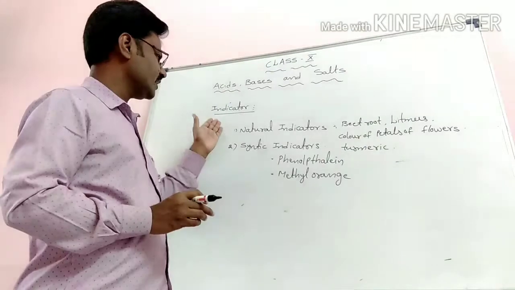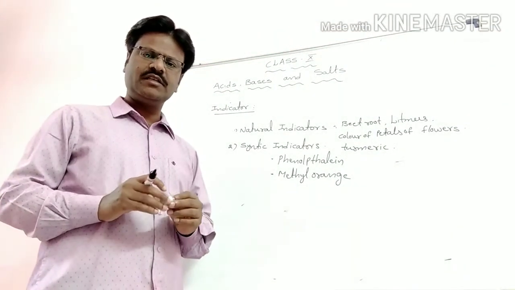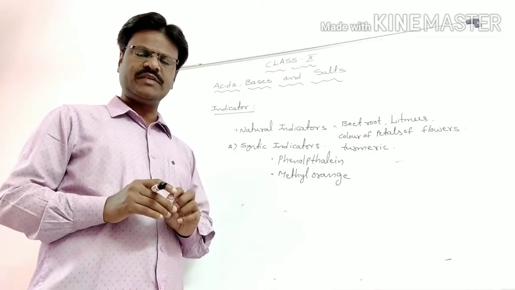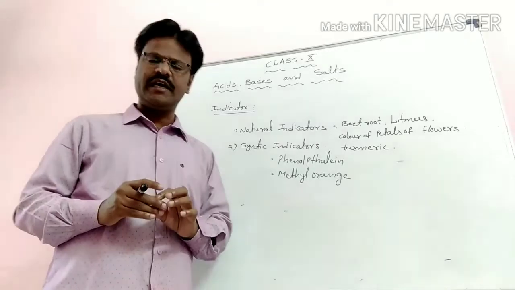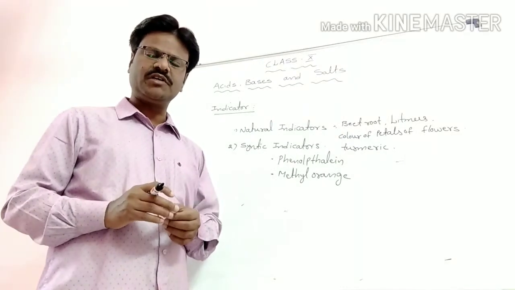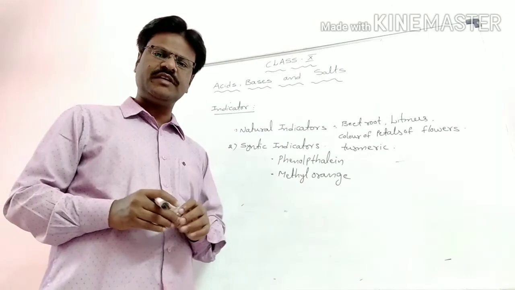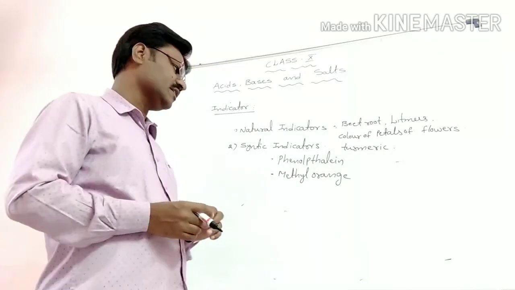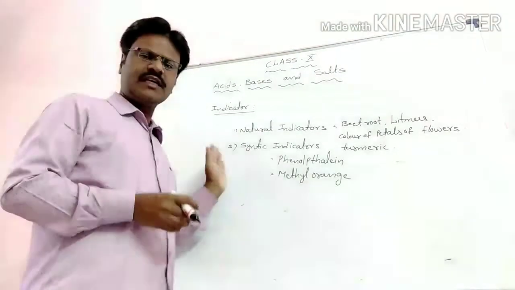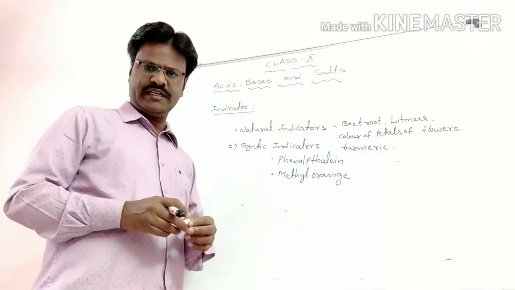What is an indicator? The chemical substance which is used to identify the nature of acids or bases, meaning the acidity and basicity of substances. Those chemical substances we call indicators. These indicators are very weak acids and weak bases. Mainly indicators are classified into two types: natural indicators and synthetic indicators.